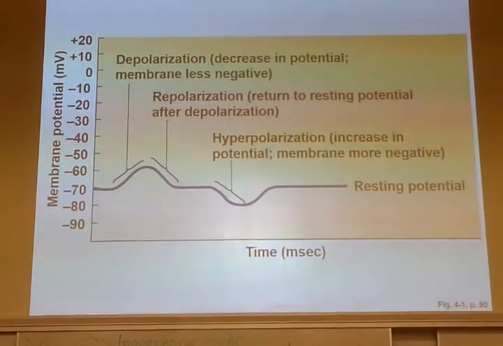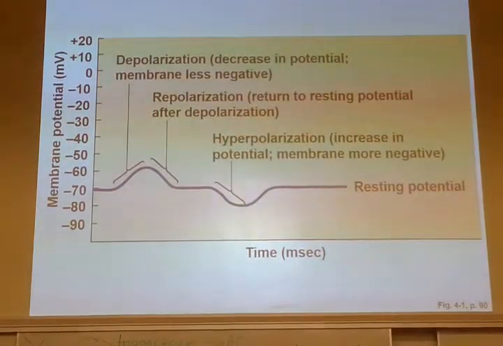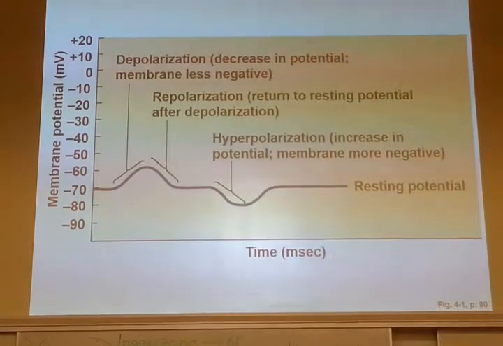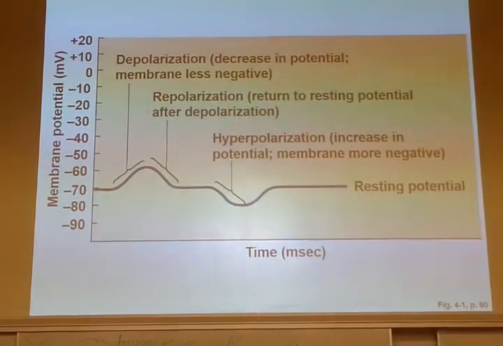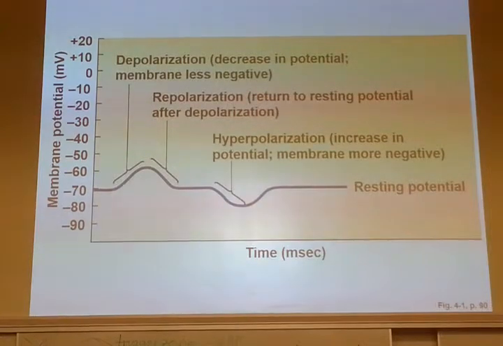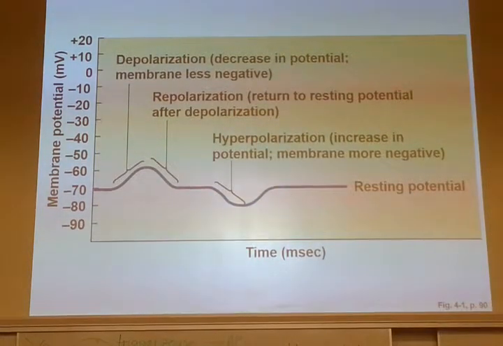And when you look at what happens, the neuron will go past resting membrane potential, and I'll draw it in green. It'll go past, and then it will come back up to resting.